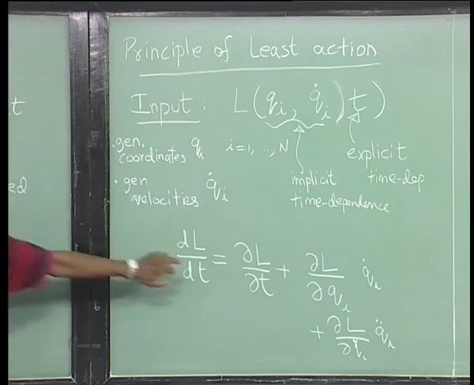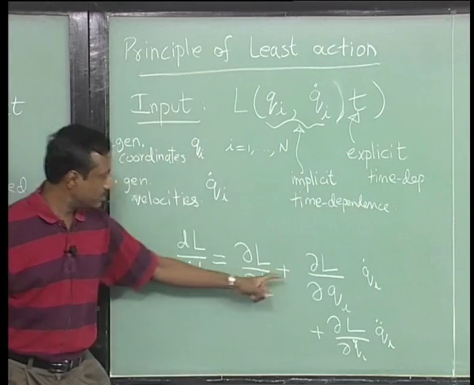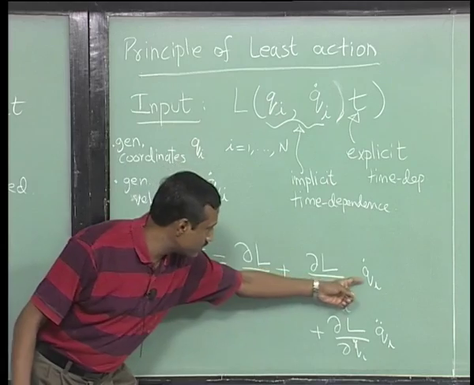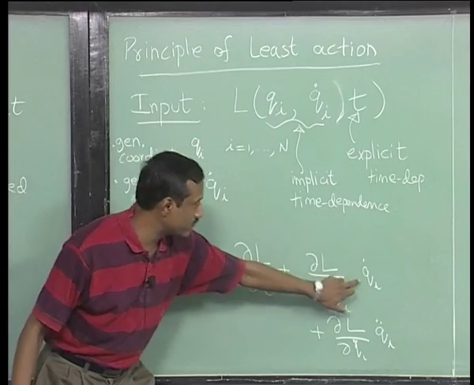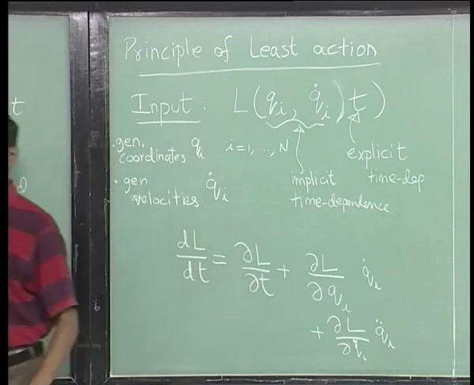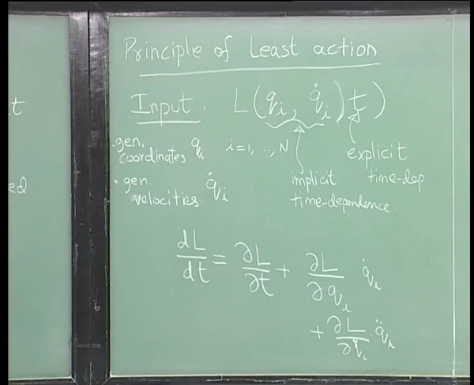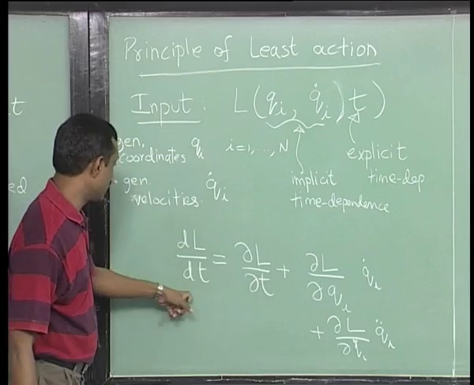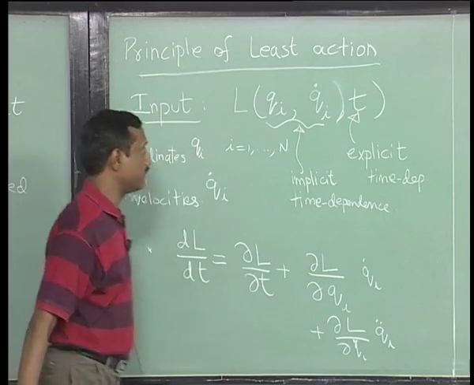So, the first term comes from the explicit time dependence, while the next two terms come from the implicit time dependence: q_i gives you this term, while q_i dot gives you this term. So, this is a statement of taking the total time derivative.